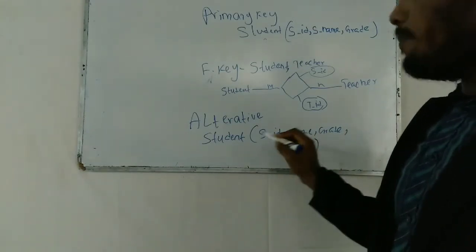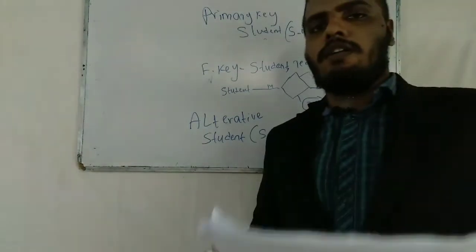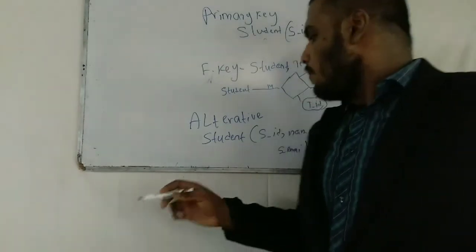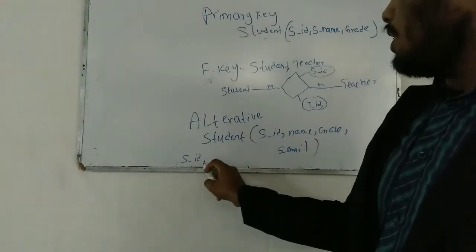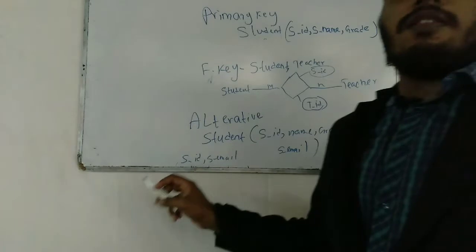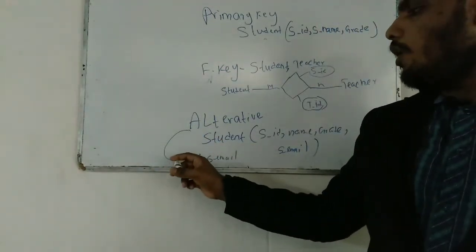So we know that student ID cannot be repeated again and again. Student email also has such a quality. So both student ID and student email are qualified for primary key. So there is a choice there. So those kinds of things are called alternative keys.